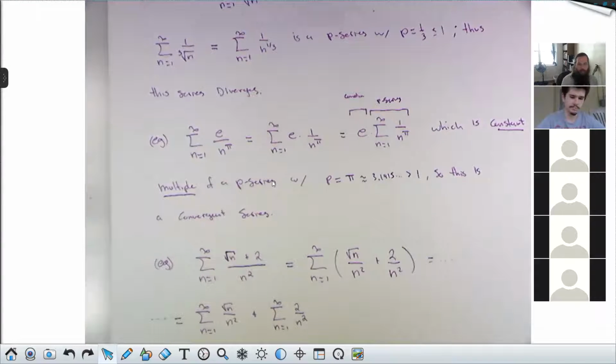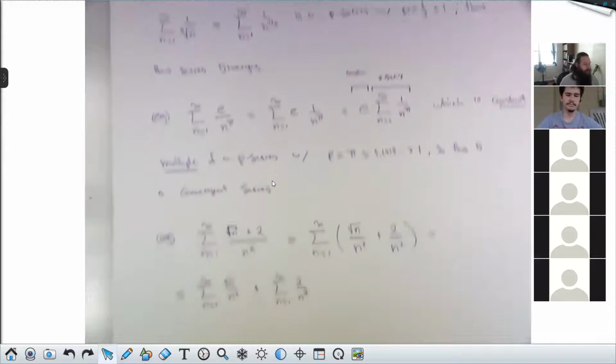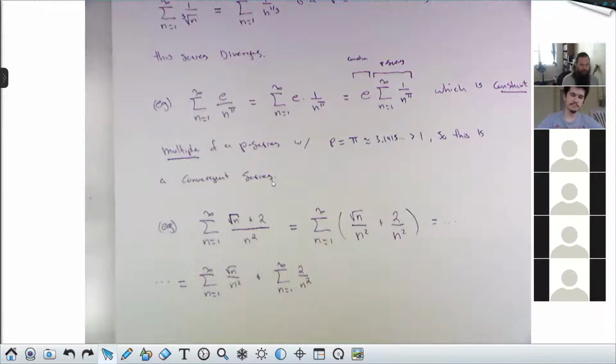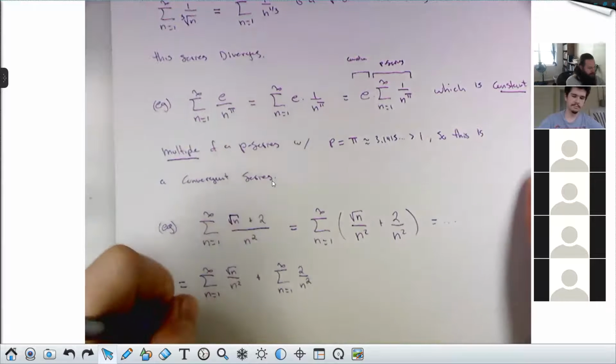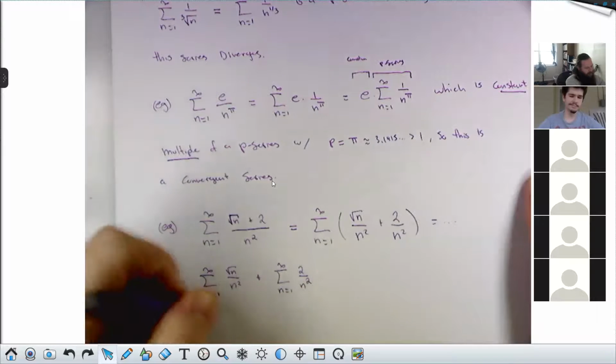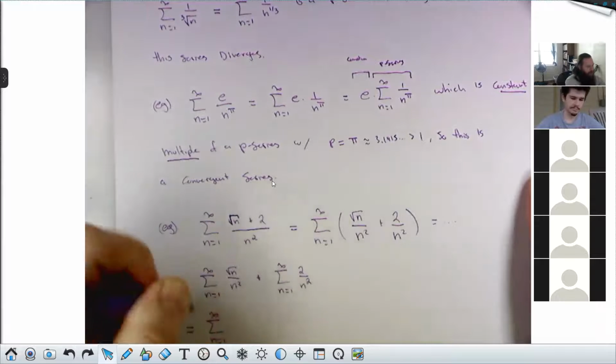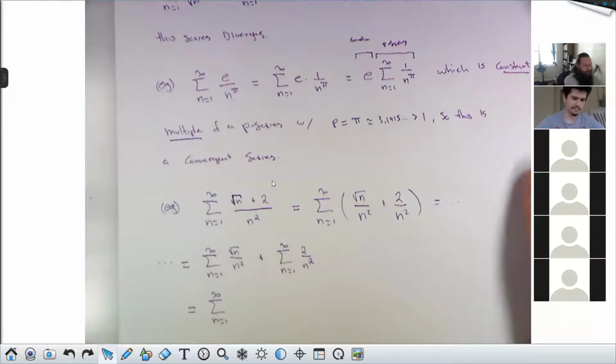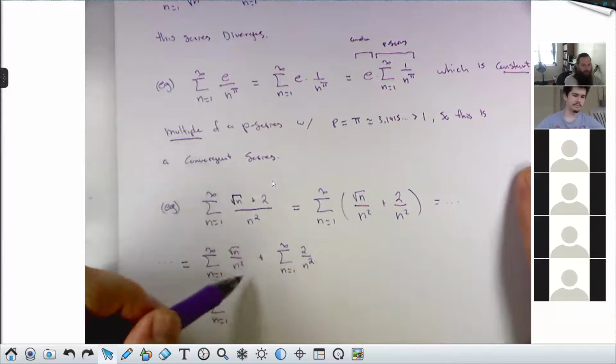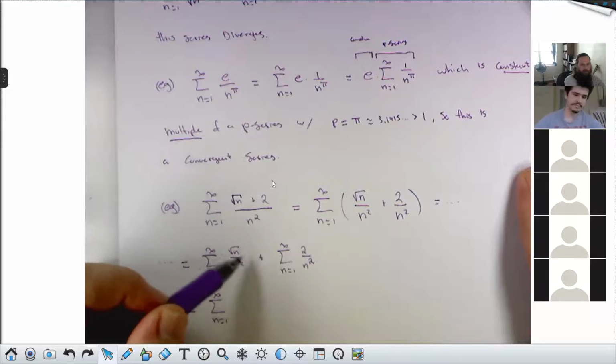Remember, sigma of a_n plus b_n is sigma a_n plus sigma b_n. And now each of these I can clean up a little bit. Use the same brain you use when you integrate. If I asked you to integrate this piece, to find an antiderivative for this piece, what would you do?